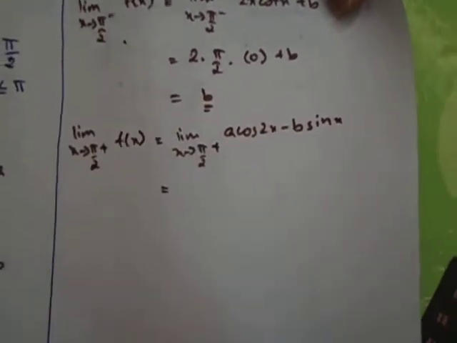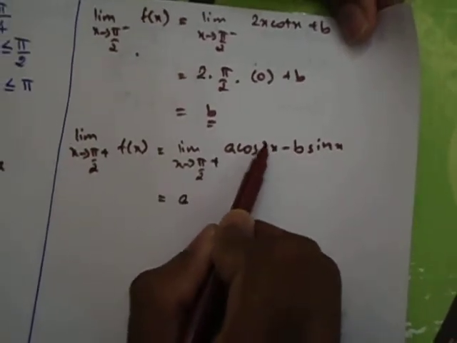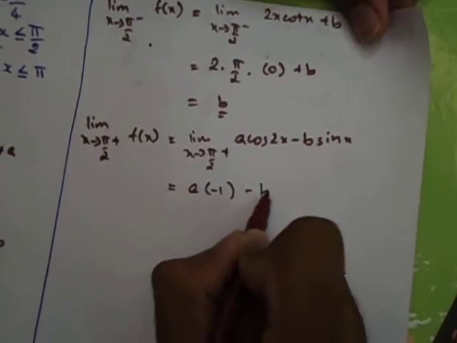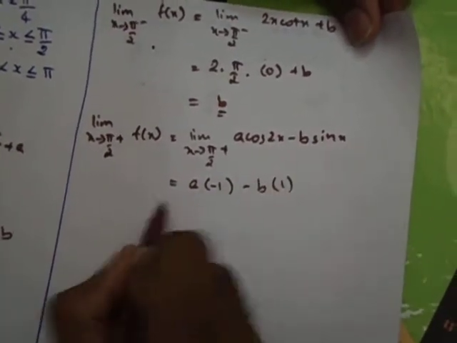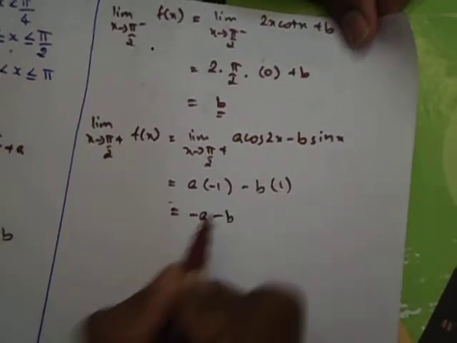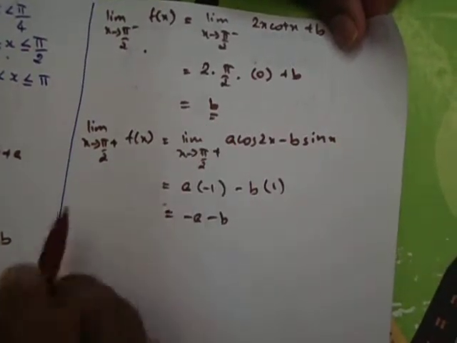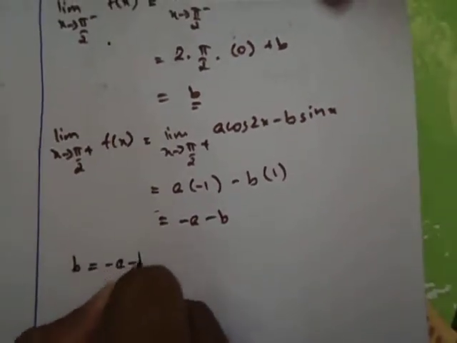So when we substitute, we get a cos 2 into pi by 2, which is cos pi, which is minus 1, minus b into sin pi by 2, which is 1, so we get minus a minus b. Since left limit is equal to right limit, we get b is equal to minus a minus b.